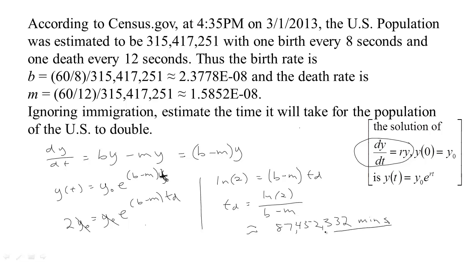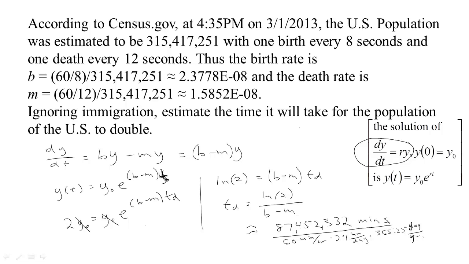So what I'm going to do is convert this. I know that there are 60 minutes per hour, and I know that there are 24 hours per day, and I know that there are about 365.25 days per year.